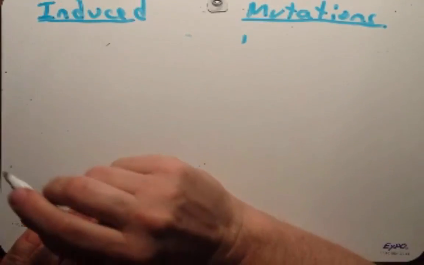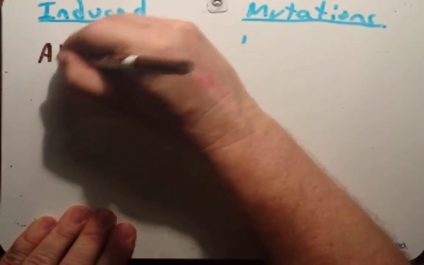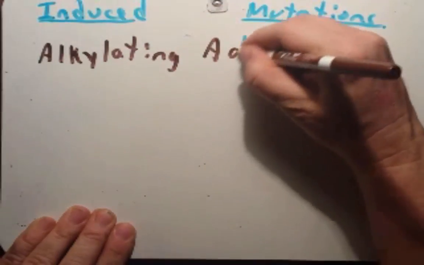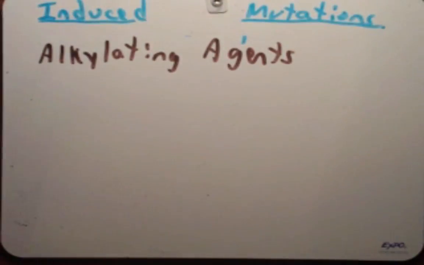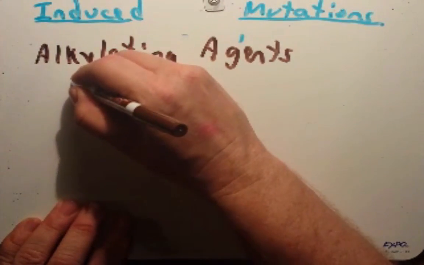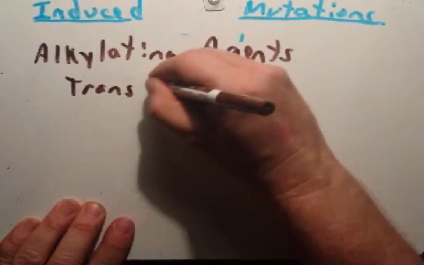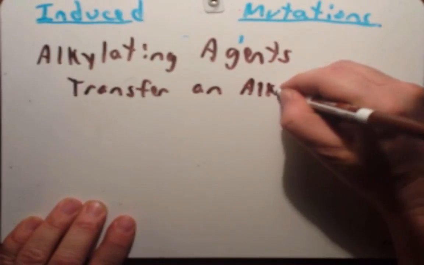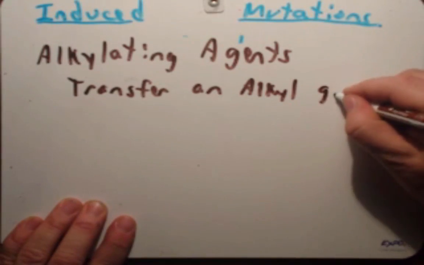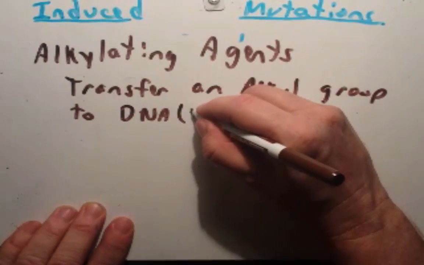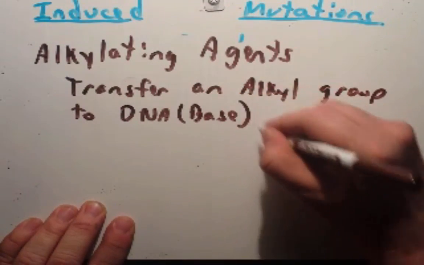One such base modifier I want you to know about are alkylating agents. And what I want you to know about these alkylating agents is that they transfer an alkyl group to DNA. More specifically, to a base in DNA.